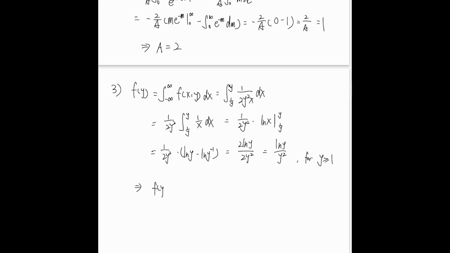So f of y equals log y over y squared for y greater than or equal to 1, and equals 0 otherwise.